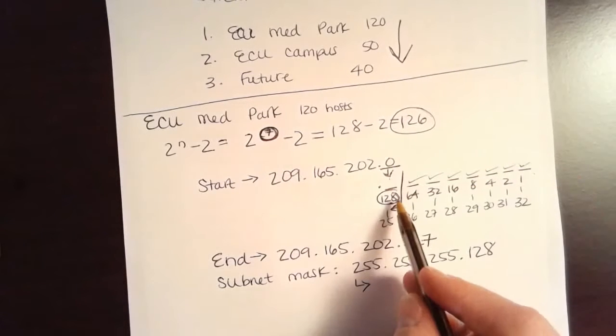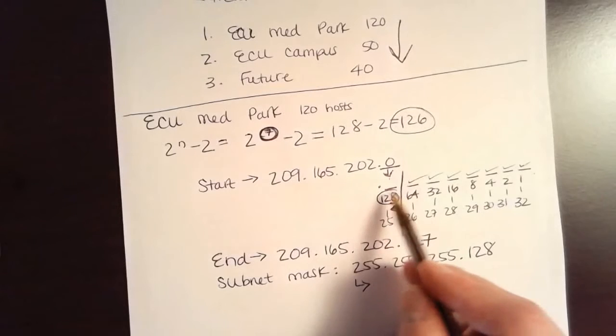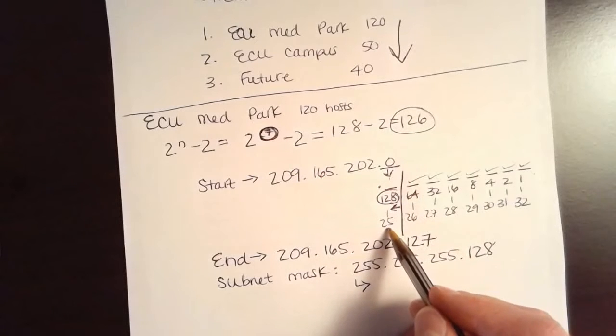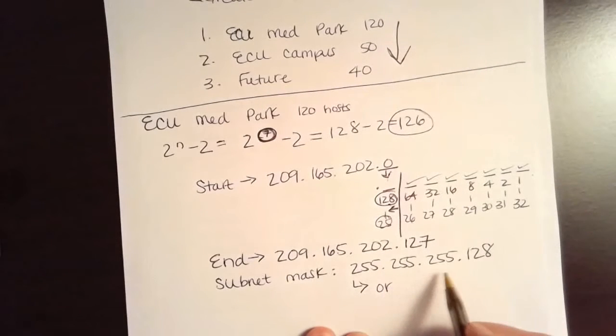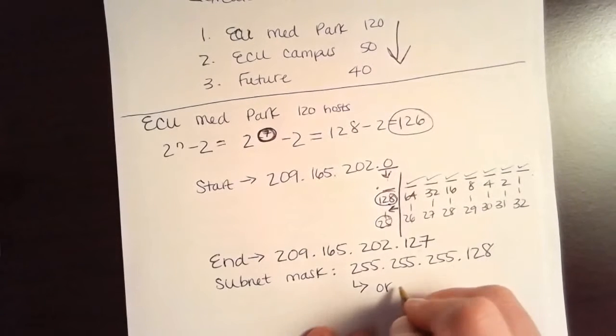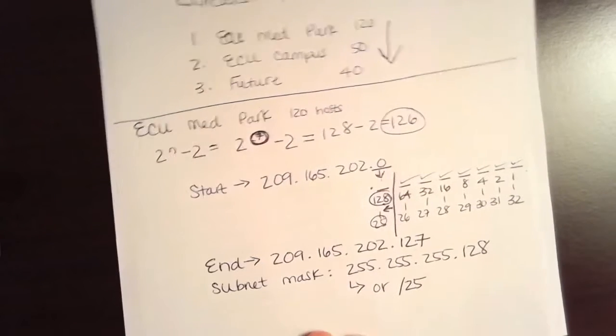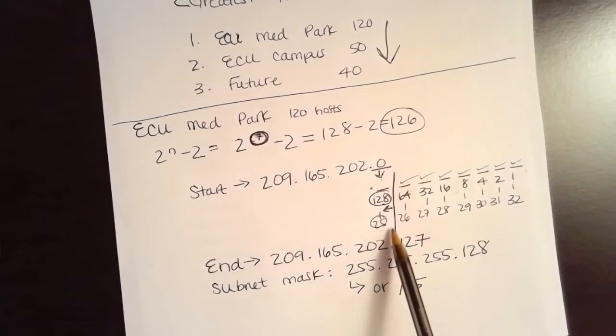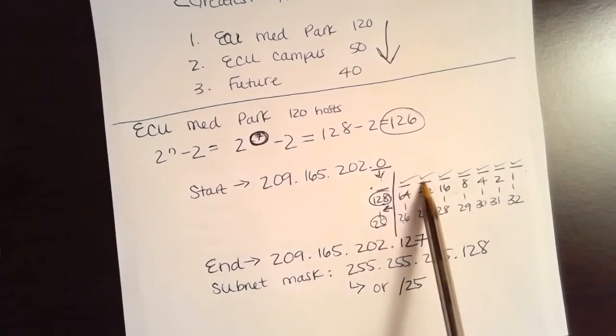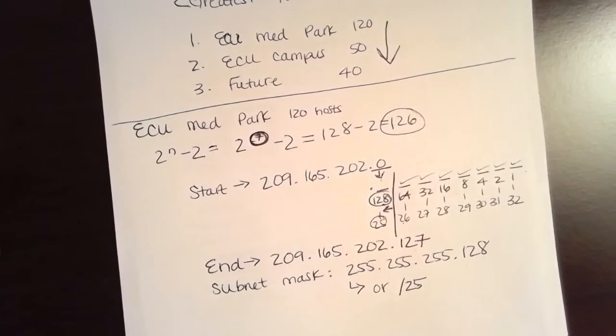So this one right here, where we're incrementing, that 25 can be represented as 255.255.255.128 or slash 25. So if you saw slash 25, you should be able to draw out an octet here and figure out what this is. You should be able to convert from this to that. So if it was a slash 26, then that would be .192, because your line would be here. You'd add 64 and 128 together.